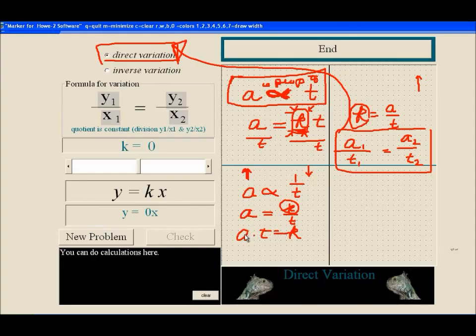So the constant of proportionality, and so we could say our A in our first experiment times the T in our first experiment is equal to the A in our second experiment times the T in our second experiment. And this is how we can use the constant of proportionality for some experiment that we're working on.